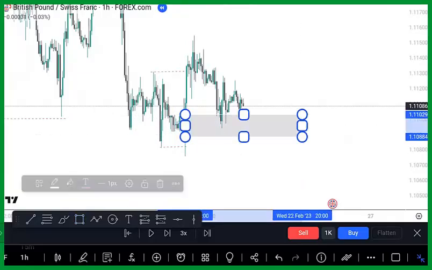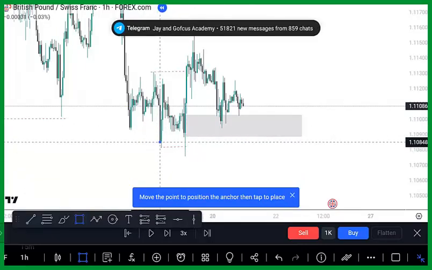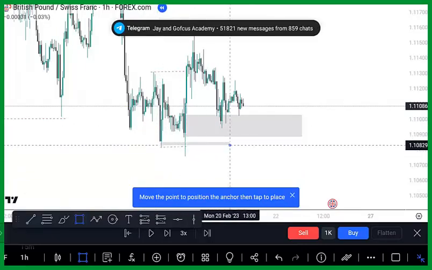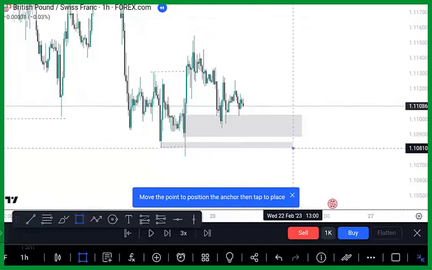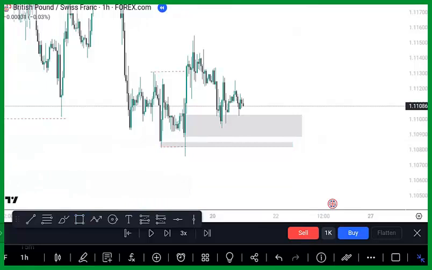Of course, the other entry model I showed is here: shoulder, head and shoulder to the other side. Some people call it QM or Quasimodo. Whichever, these two areas form what you can call a POI, okay?